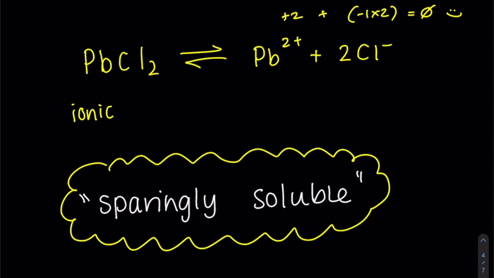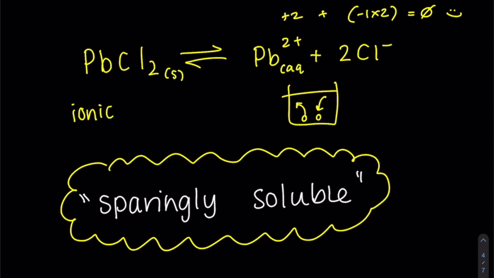But we know that because it's in a dynamic equilibrium, the forwards and backwards reactions are happening at the same time, which means that as more lead chloride dissolves, some of the lead ions and the chloride ions that are in our solution are coming back out as solid. So as lead chloride dissolves, lead and chloride ions come together to form solid lead chloride.